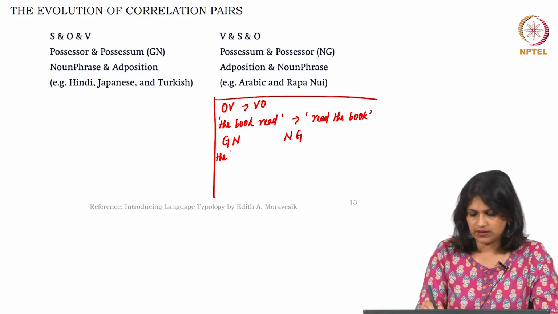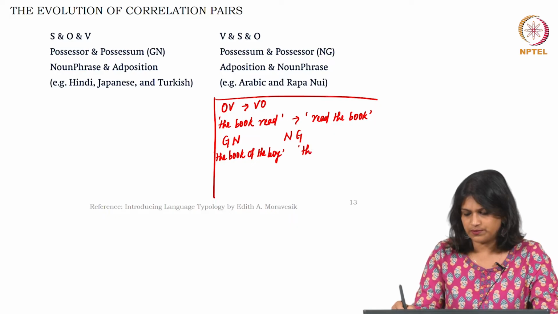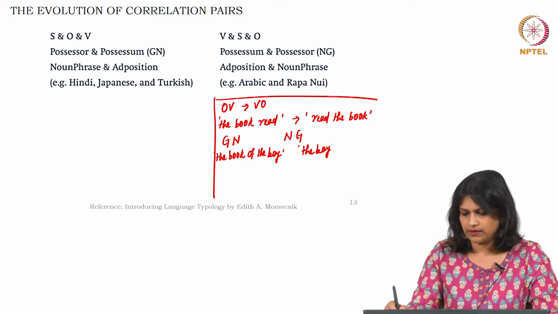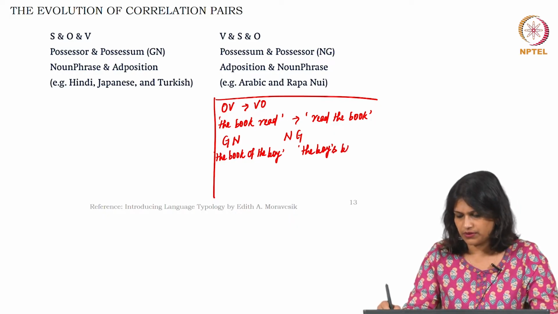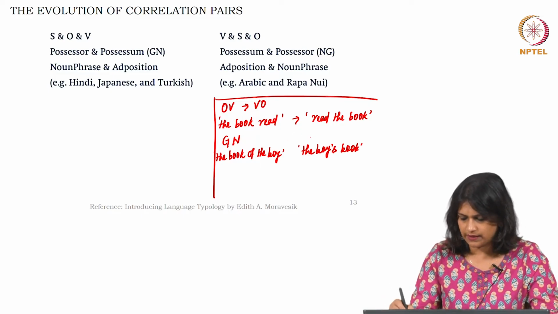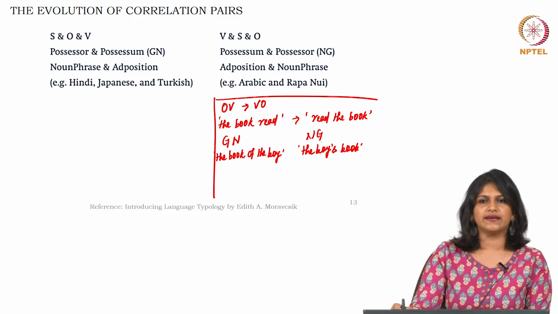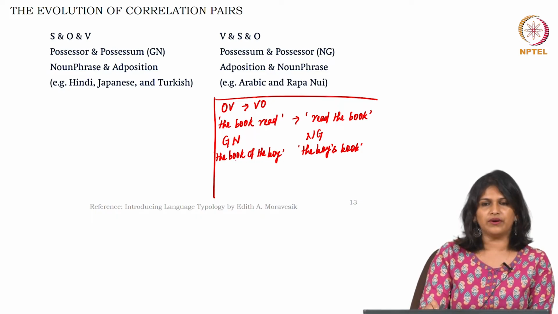GN is the book of the boy versus the boy's book. Okay. So, in case of the boy's book, the noun is the boy, like here this is NG. The boy's book is the NG form and the book of the boy is the GN form.